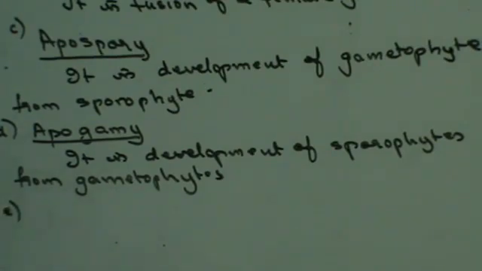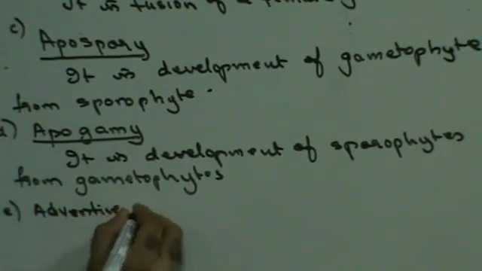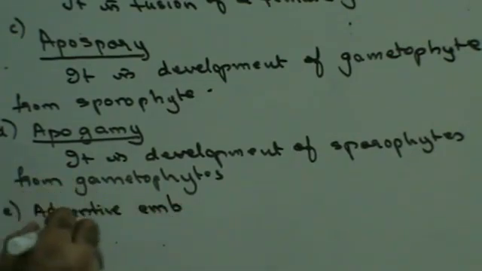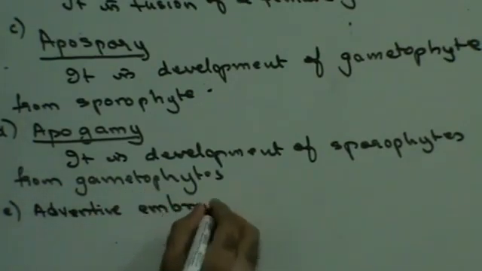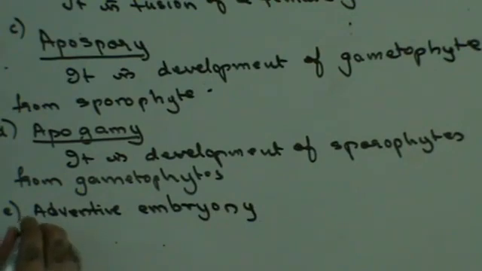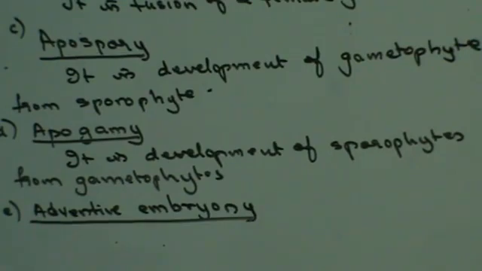Then we have another method of angiospermy, adventive embryony. It is the production of embryos from diploid cells of the nucellus, but never from the egg.